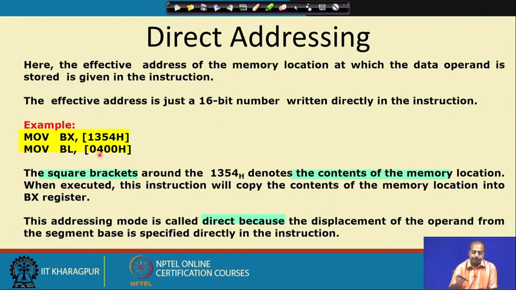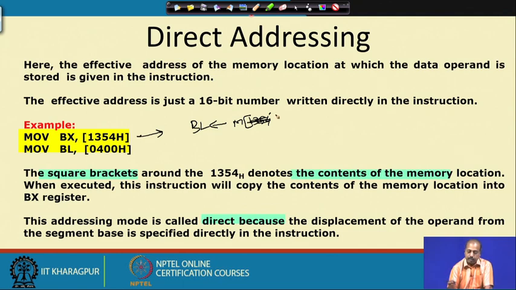In this case, in the first instruction, what will happen is that this BL register will get the content of memory location 1354 hex. That DS colon should be there, sorry. This is not simply 1354.